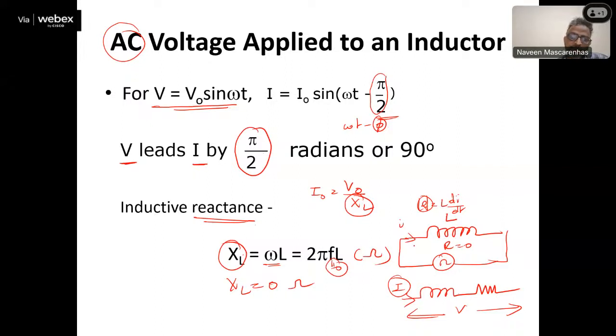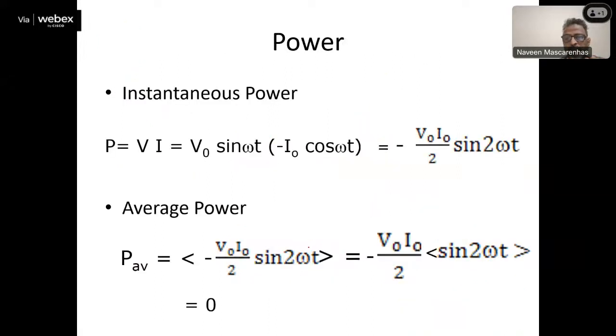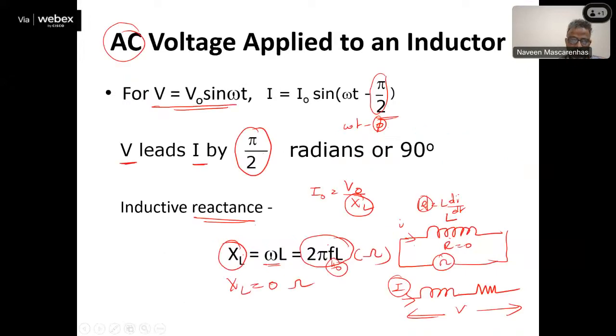Coil allows DC, but it opposes only AC. And the amount of opposition is 2 pi f L. So to which frequency does the coil oppose more? Higher frequencies, because if f is more and more, XL is more and more. If f is small, then XL is also small.